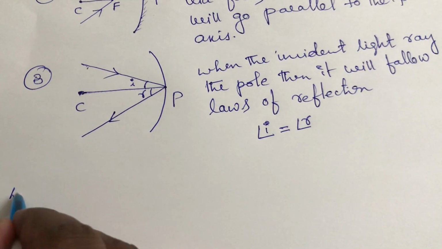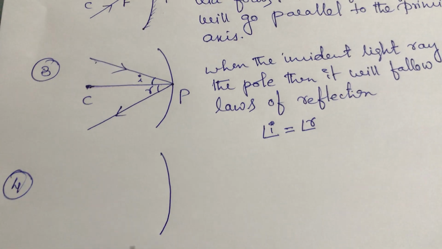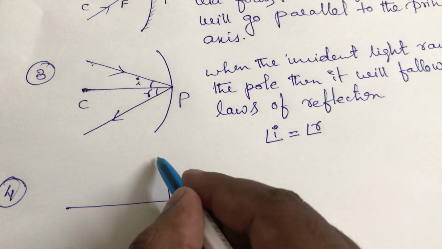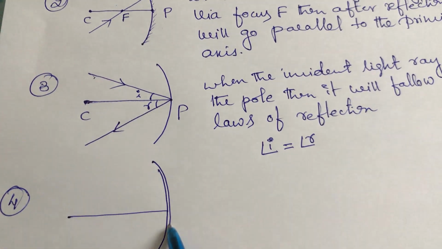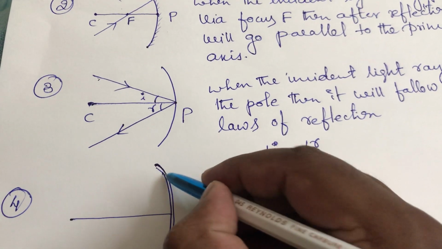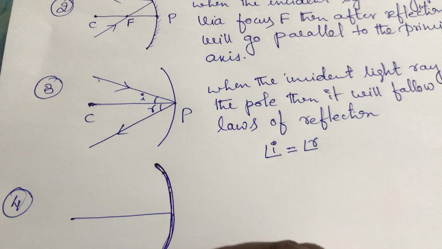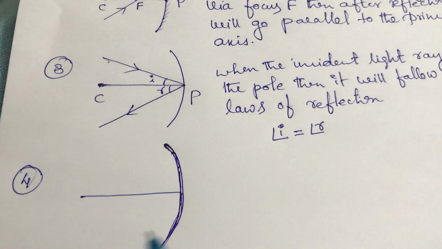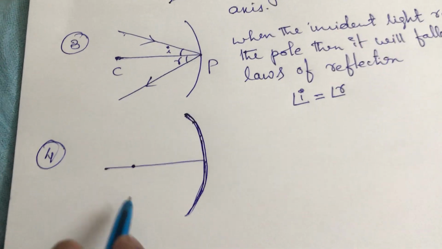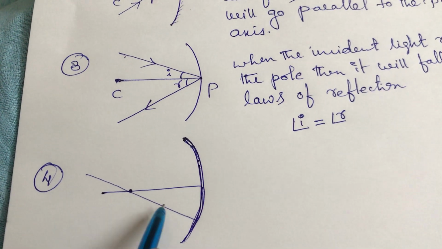And the fourth one, we'll take one more concave mirror, with the principal axis, coated here. Now the light ray will pass via the center of curvature.